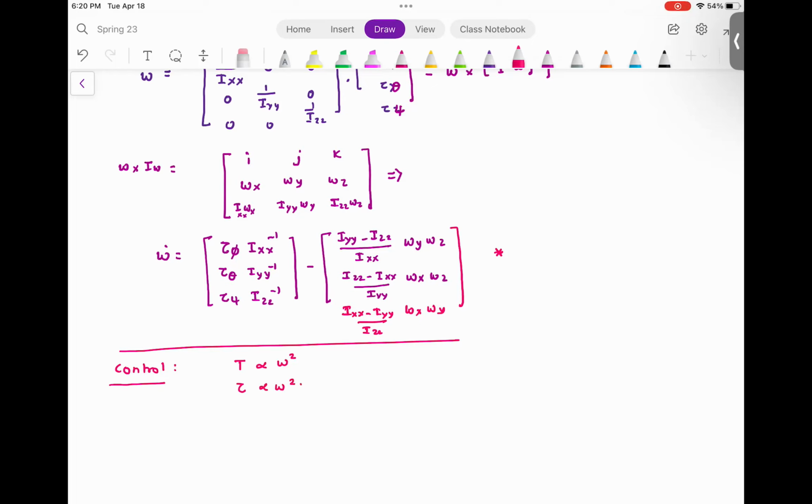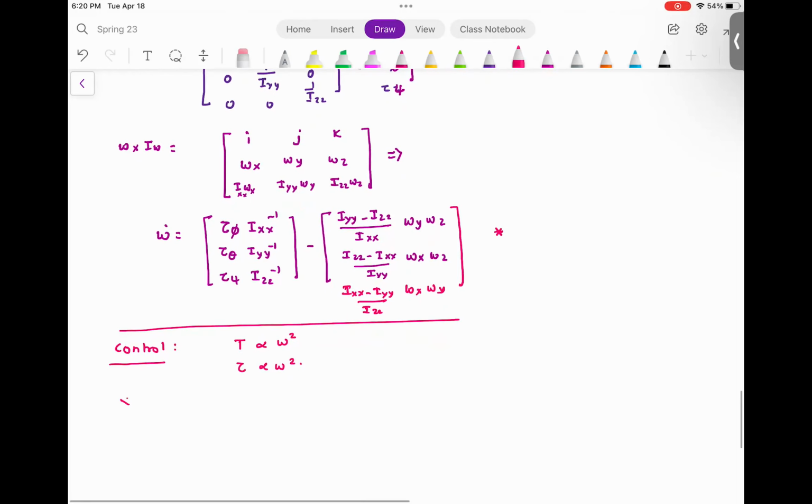The propeller angular velocity is omega, thrust is proportional to the angular velocity squared, and torque is proportional to the angular velocity squared. Now I'm going to treat vector x1 as the vector of position.